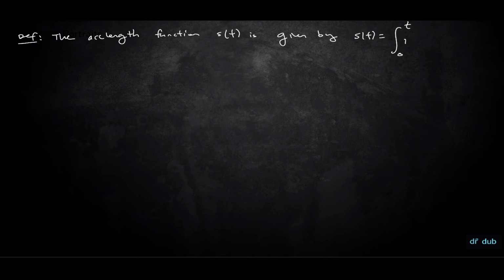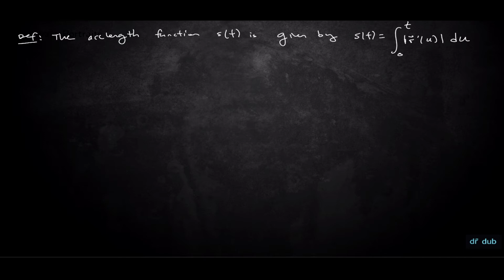the arc length function. So, definition: the arc length function s of t is given by s of t equals the integral from 0 to t of the magnitude of r prime of the integration variable, I'll use u, du.